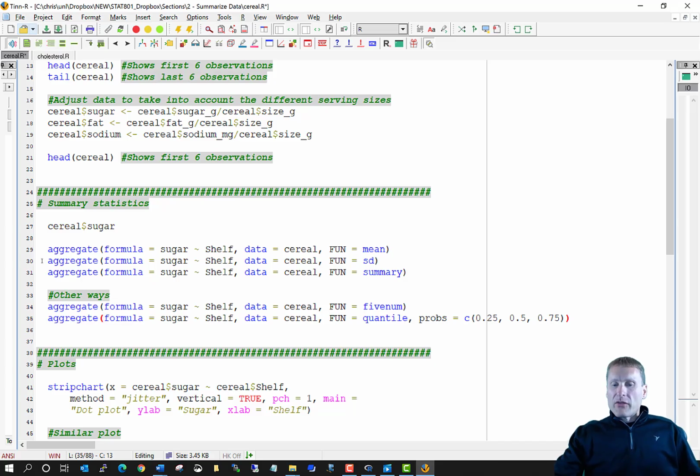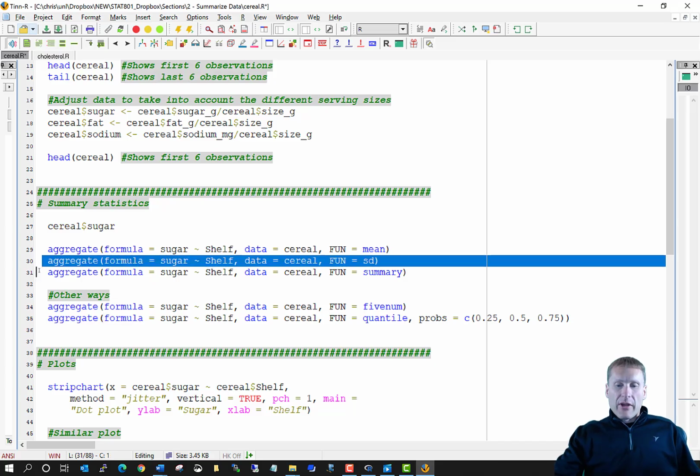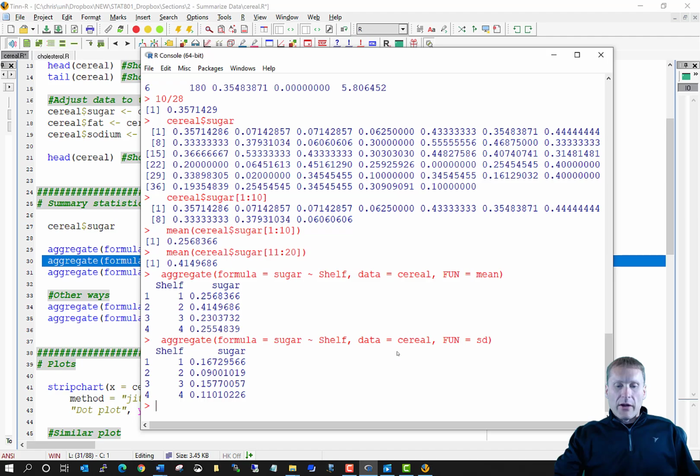Now, we could also do some other summaries. We could, for example, use the standard deviation as well. We can see here that there are some differences among the standard deviations, where, interestingly, shelf 2 has the smallest standard deviation of all the shelves. Maybe this represents that those particular cereals are more homogeneous.